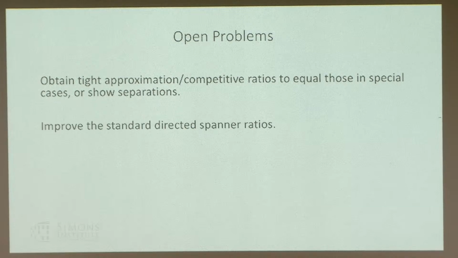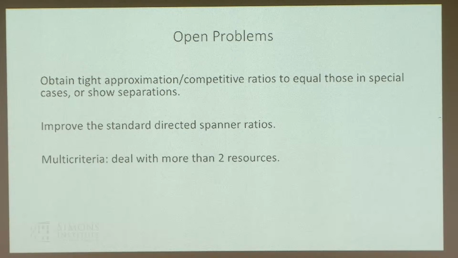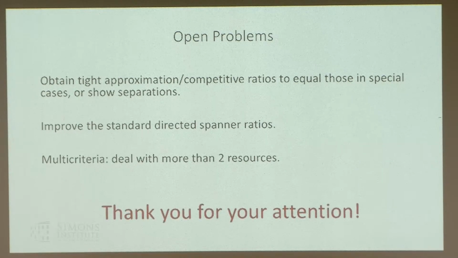Even in the standard spanner problem, improving or understanding the hardness of the tight approximation factor is an open question. And one can think of adding all sorts of further budgets, multiple budgets per edge, and generalizing this framework even further. Okay, I think I'm done. Thanks.